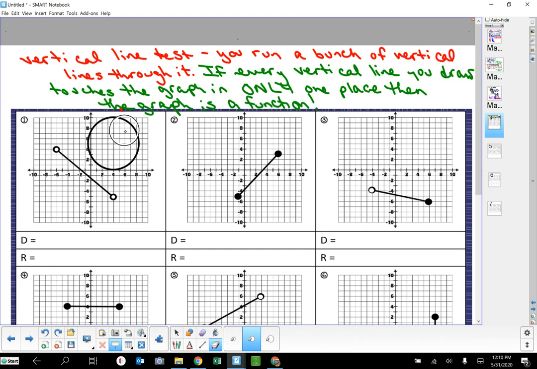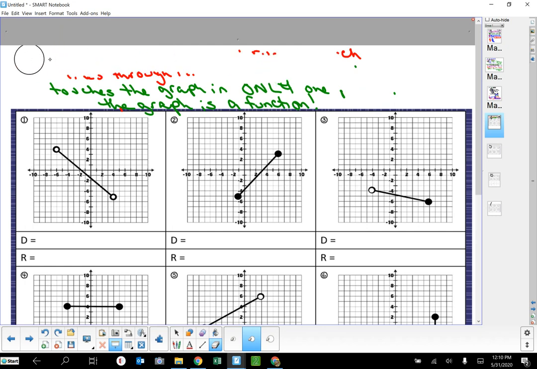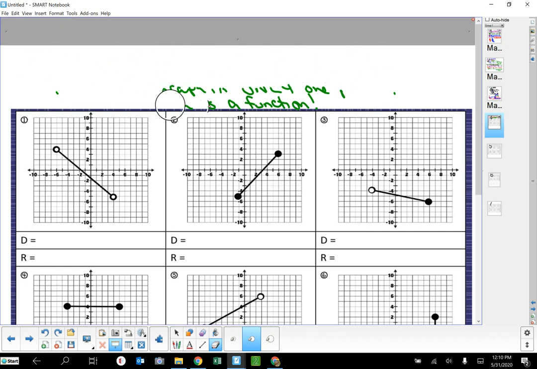Now, the reason these graphs are all here is to discuss with you more about domain and range. So I'm going to erase what I have up at the top. We need to go back to the idea of interval notation that we discussed when we did absolute value in our last chapter.